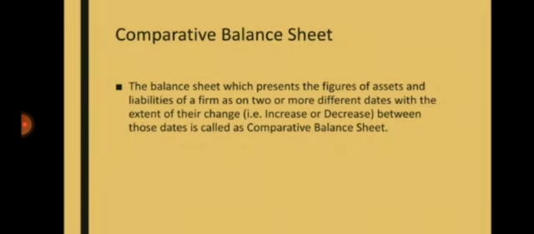And the second type of comparative financial statement is the comparative balance sheet. The balance sheet which presents the figures of assets and liabilities of a firm as on two or more different dates with the extent of their changes, that is increase or decrease between those dates, is called a comparative balance sheet. Okay.